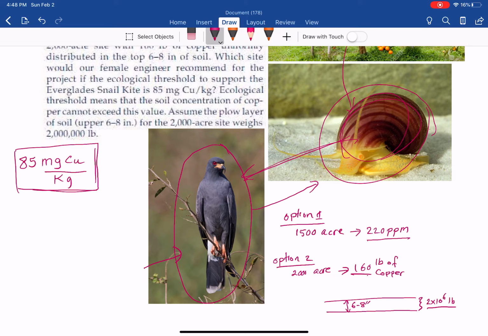Okay. So now we need to figure out which option is good, because one of these options would be good. Let's look at the first one, 220 ppm on the 1,500 acres.